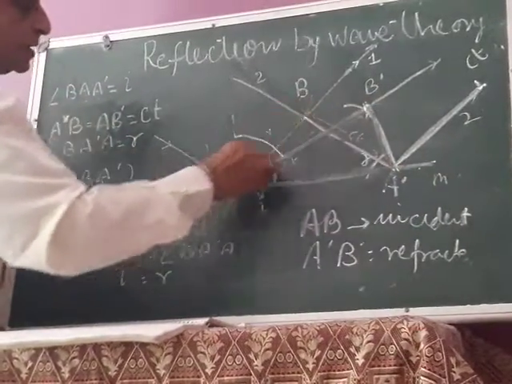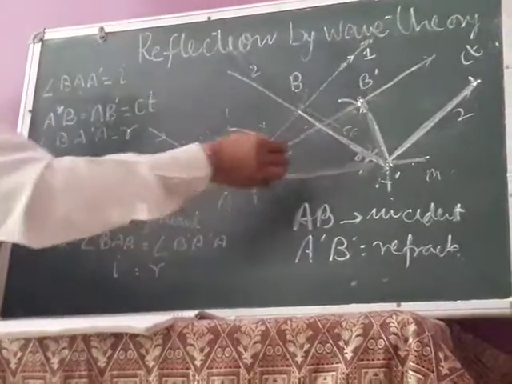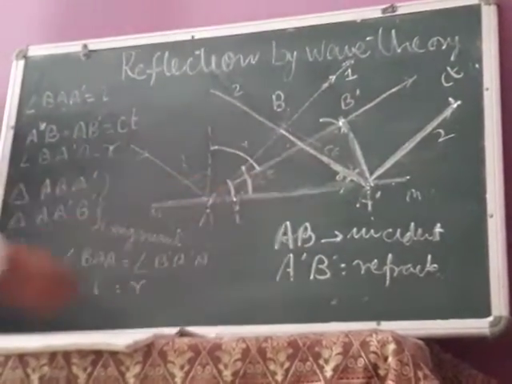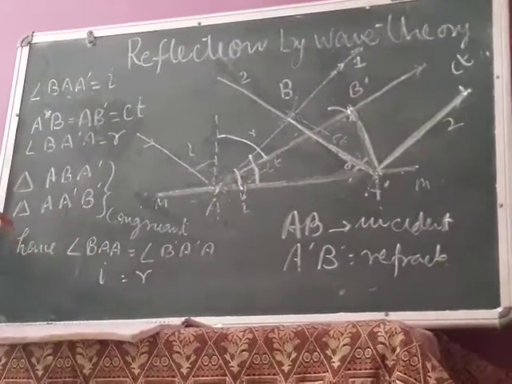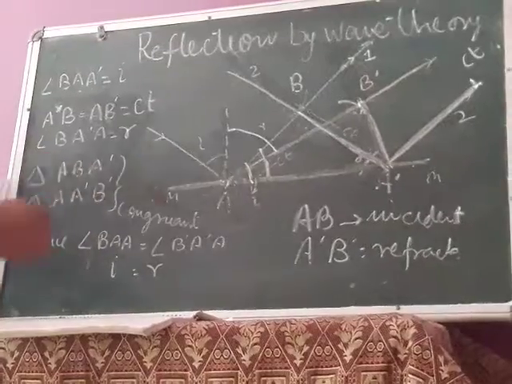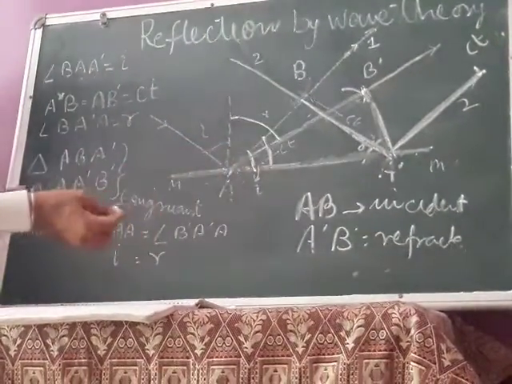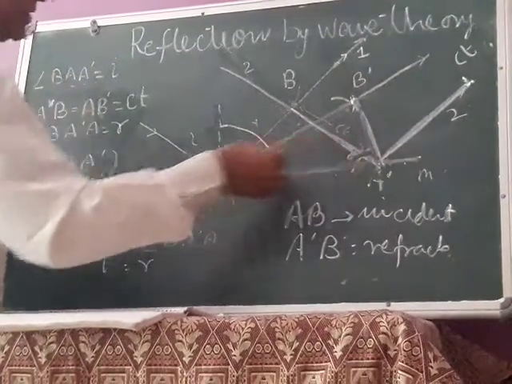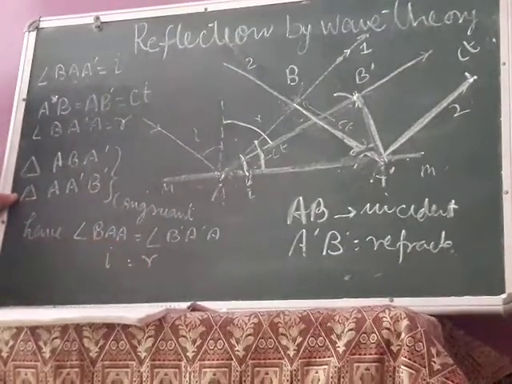We know this side is equal to c into t, and this is common, so triangle ABA dash and this triangle are congruent. So by this we can say this angle r is equal to angle i, which is the law of reflection.